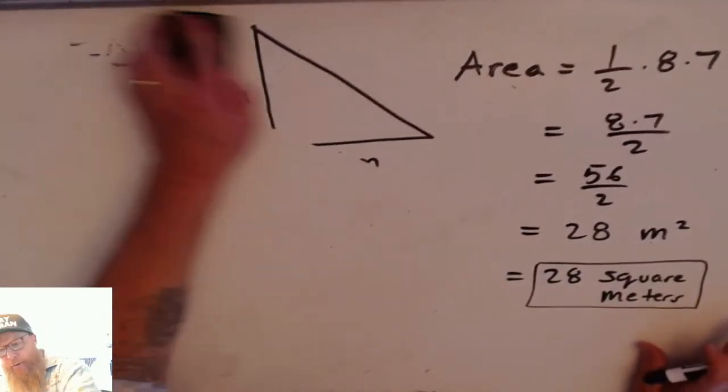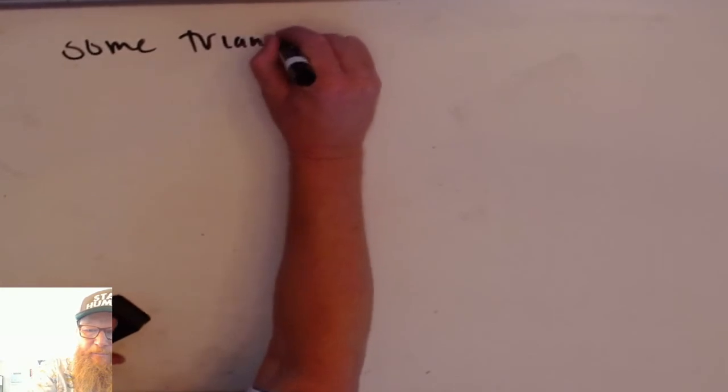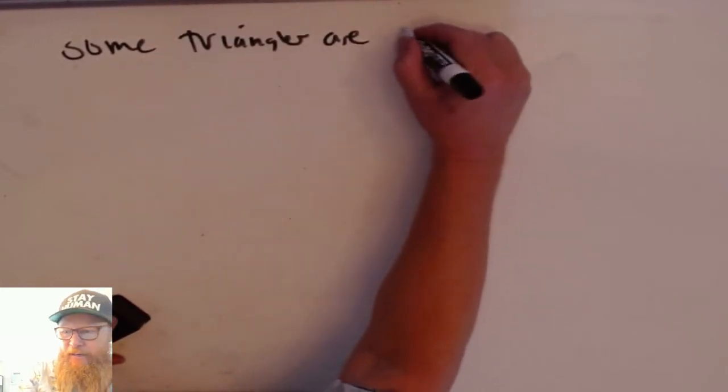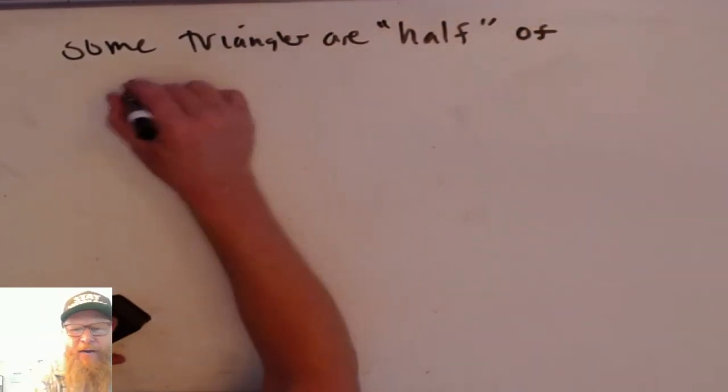Let's do another one. Some triangles are not half of a rectangle. Some triangles are half of a parallelogram.